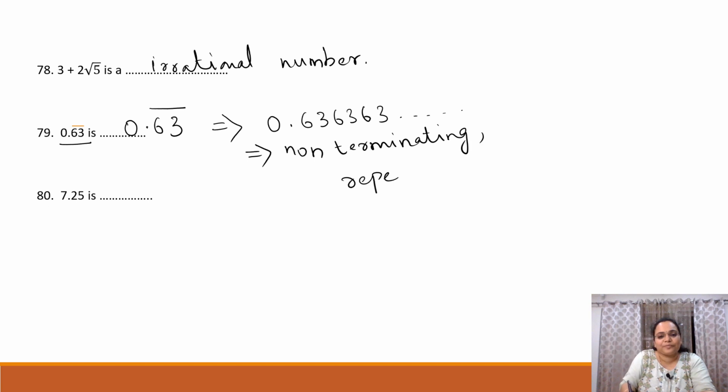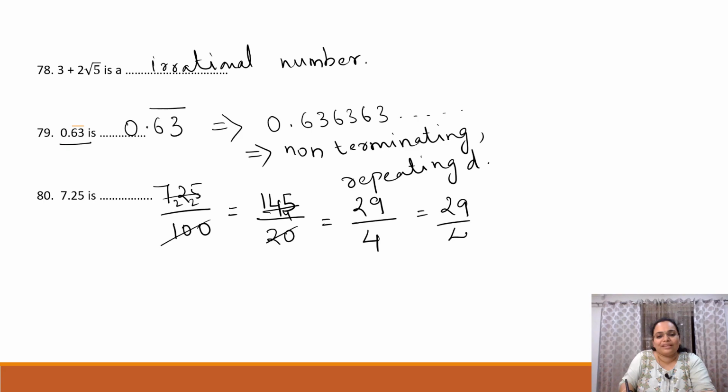Okay. And if you see here 7.25. So 725 by 100. Right? After decimal you have 2 digits. So I have taken 100. If you further simplify, that will be 29 by 4, which is your rational form.